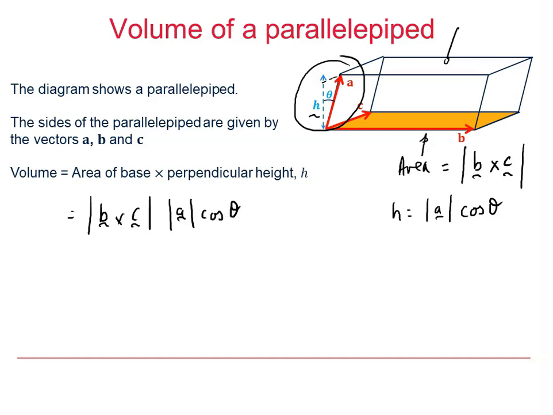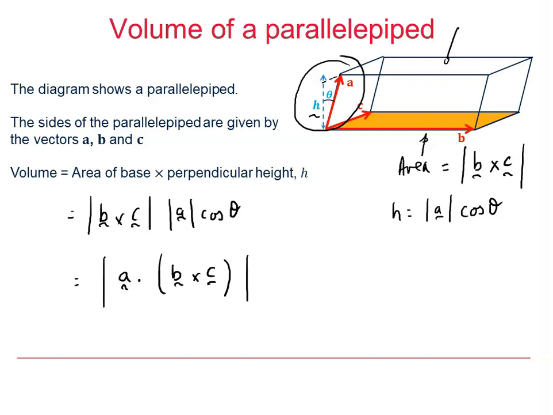But if you look at that, then B cross C is a vector in the direction of h, the perpendicular height, and then we've got the length of that multiplied by the length of another vector, cosine of the angle between them. So this is a dot product. In other words, we've got the dot product of A together with the vector product of B cross C, and we're finding the modulus of that.